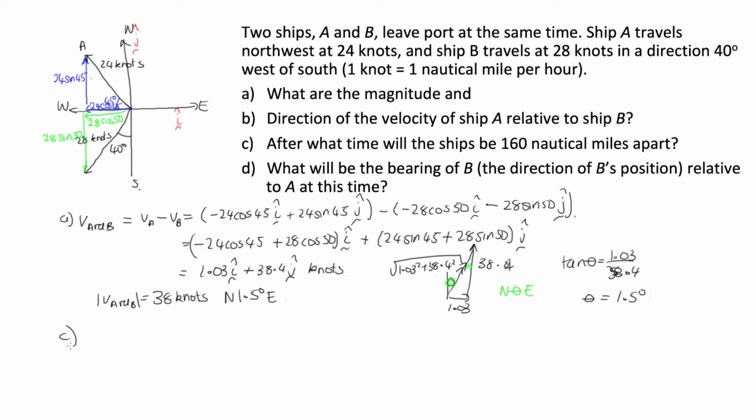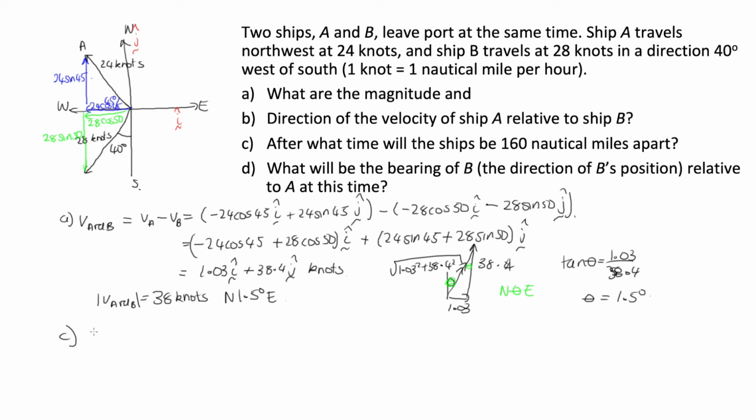Now part C says, after what time will the ships be 160 nautical miles apart? So we're told that 1 knot is equal to 1 nautical mile per hour. And we have calculated the speed here.